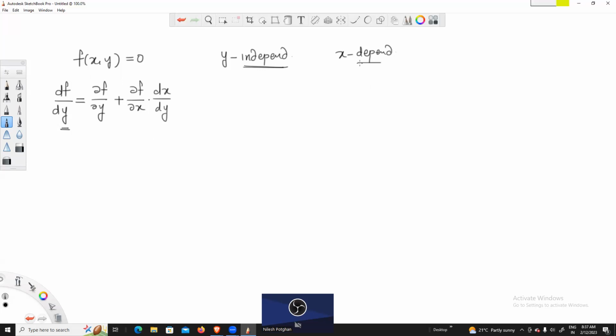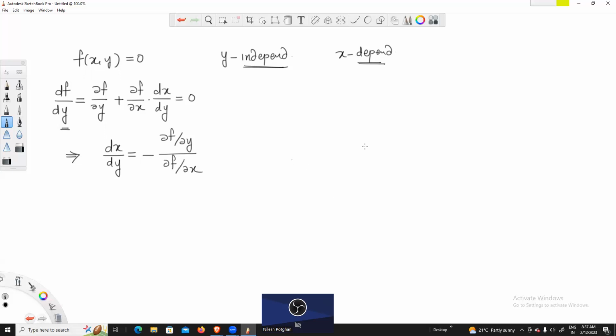Here x is our dependent variable and y is our independent variable, and again f equal to 0, so the total derivative of this with respect to y has to be 0. So if you solve this equation, you can find dx over dy equals minus del f over del y divided by del f over del x.